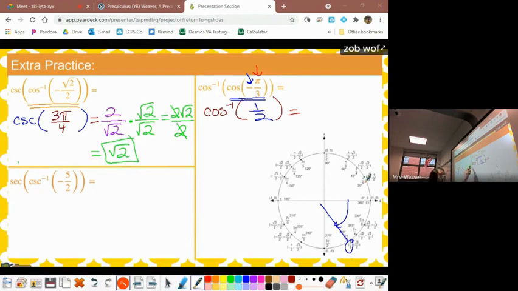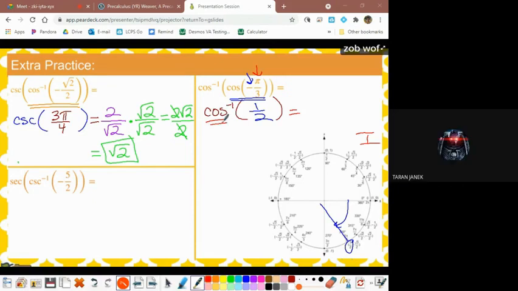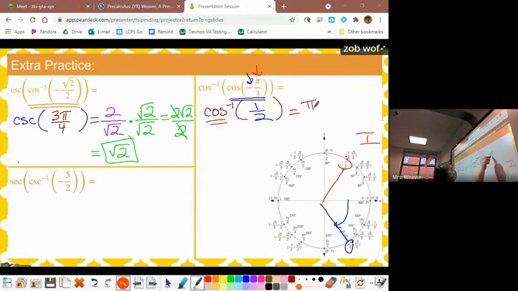So we are in quadrant 1 because it's positive. But where in quadrant 1 is my cosine 1/2? Pi over 3. Yep, at pi over 3. So the angle whose cosine is the cosine of negative pi over 3 is positive pi over 3.